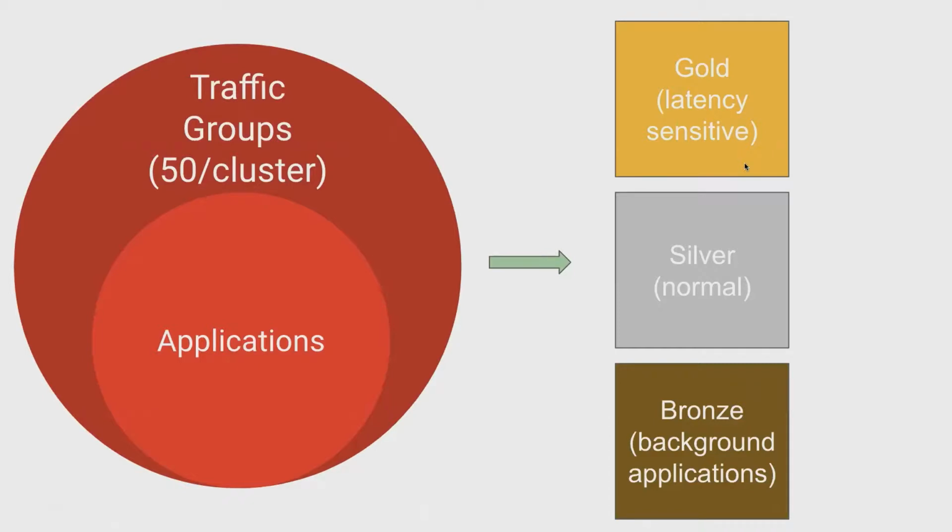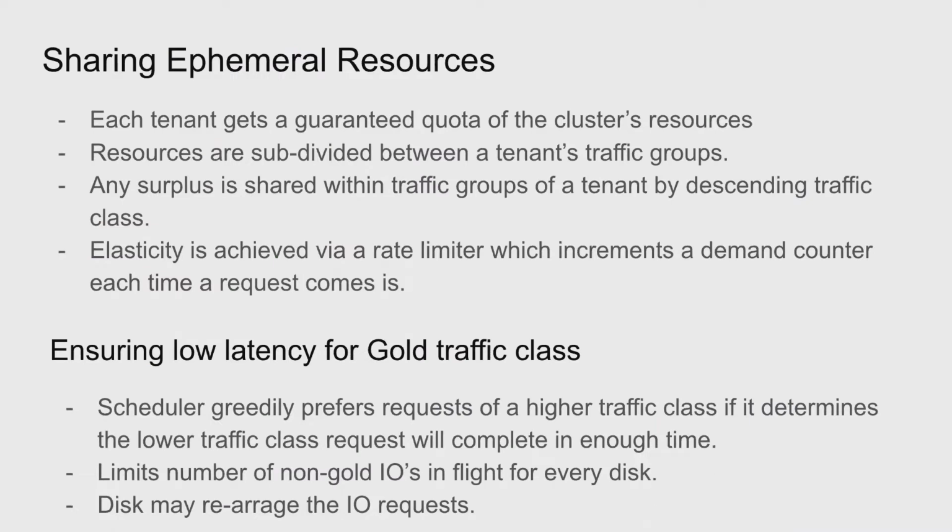So it would take priority over a silver or a bronze traffic class request. How exactly does Tectonic ensure low latency for gold traffic class? The scheduler prefers requests of a higher traffic class if it determines that whatever lower traffic class request it has currently will complete in a respectable amount of time.